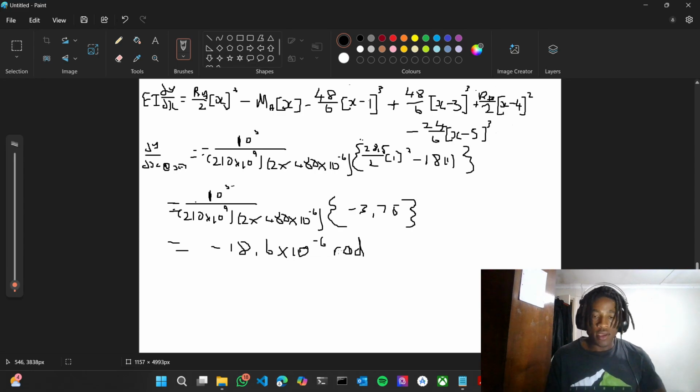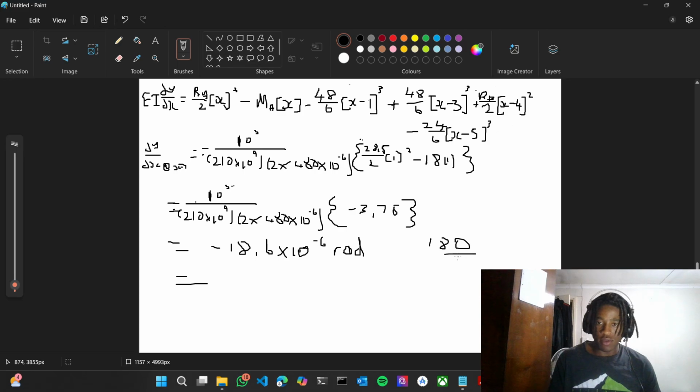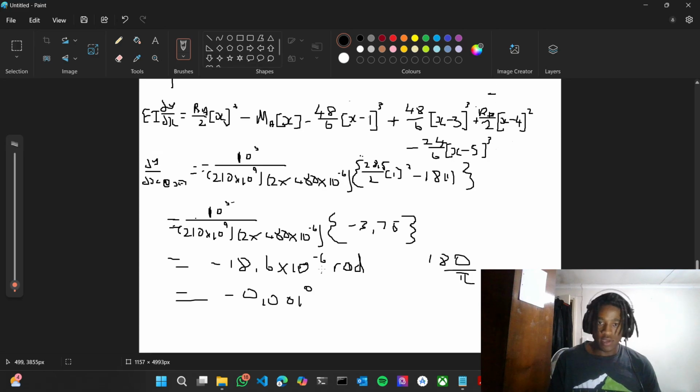Okay, and we must convert it now to degrees, and you should know that to convert radians to degrees is just multiplied by 180 over pi. That's going to give negative 0.001 degrees.